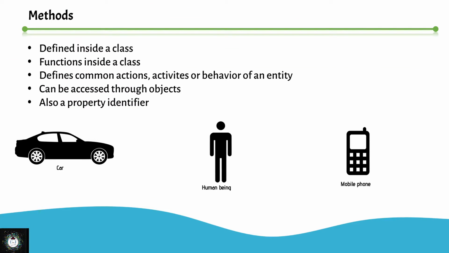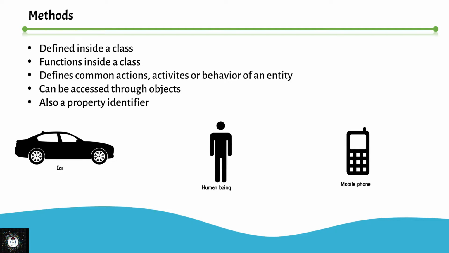Inside a class there can be different functions, and these functions defined inside a class are called methods. These methods define the activities or behavior of an entity, and in order to access those methods we need an object. We'll discuss that in a while.